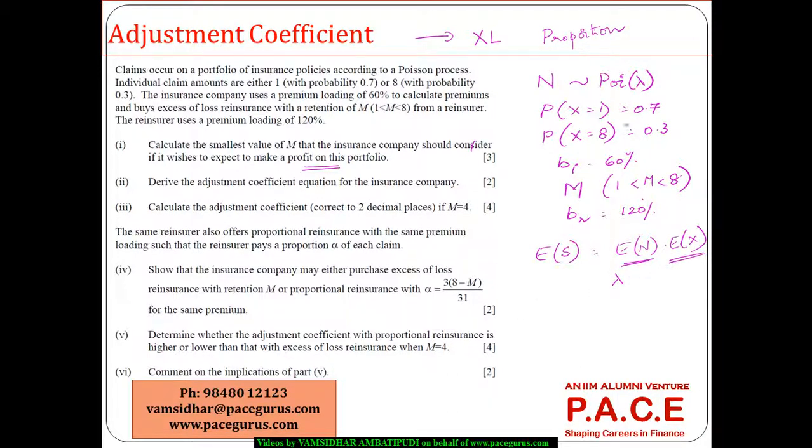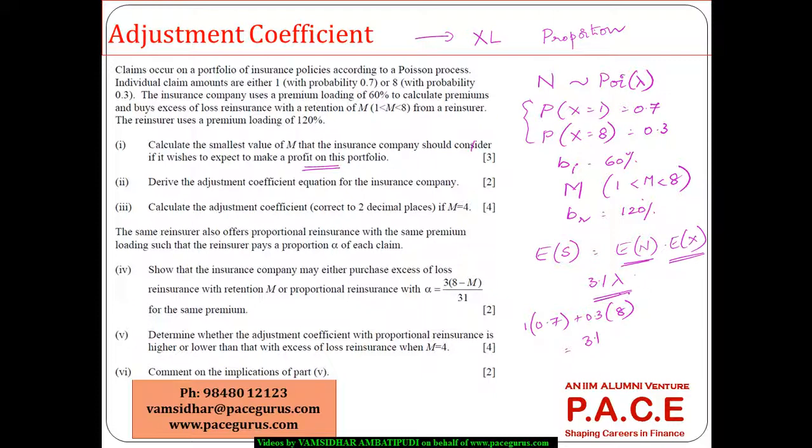Then expected value of X: it comes out as 0.7 times 1 plus 0.3 times 8, which is 0.7 plus 2.4, so it's coming out to 3.1 lambda.